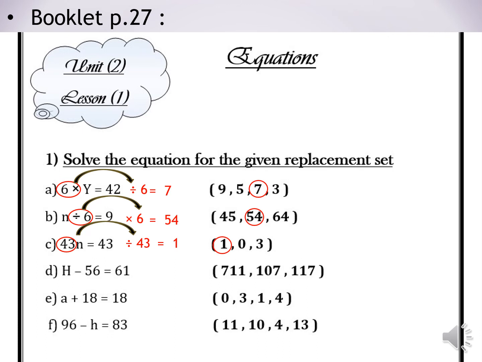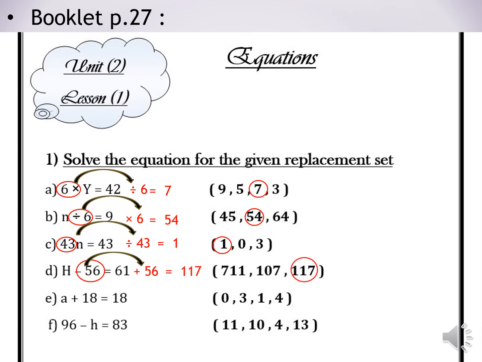In letter D, h minus 56 equals 61. I have here minus 56. Take it to the other side with the opposite sign. The opposite of subtraction is addition. So it will be plus 56. 61 plus 56 equals 117.